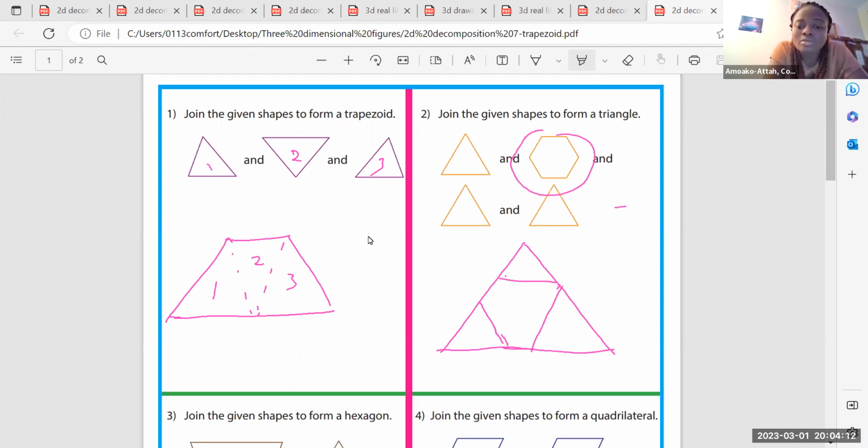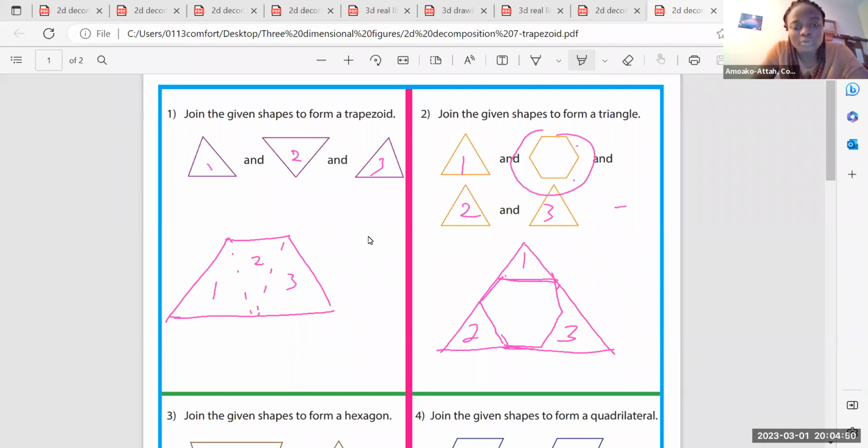Basically I have the 6 sides of my hexagon in there: 1, 2, 3, 4, 5, and 6. Then our 3 triangles: triangle 1, triangle 2, triangle 3. So now we've been able to join the various shapes to form a triangle.